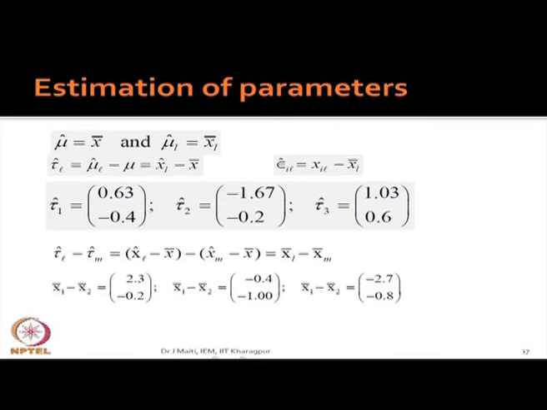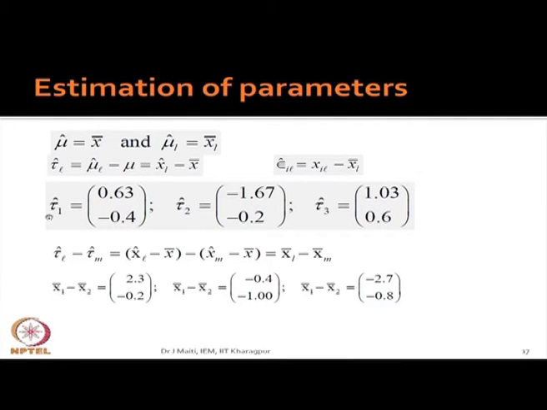You see the slide. I think if you can recall my last class, you will find that we have computed population effect in terms of tau. Tau 1 is the first population effect, tau 2 the second population effect, and tau 3 the third population effect. So, we calculate tau.